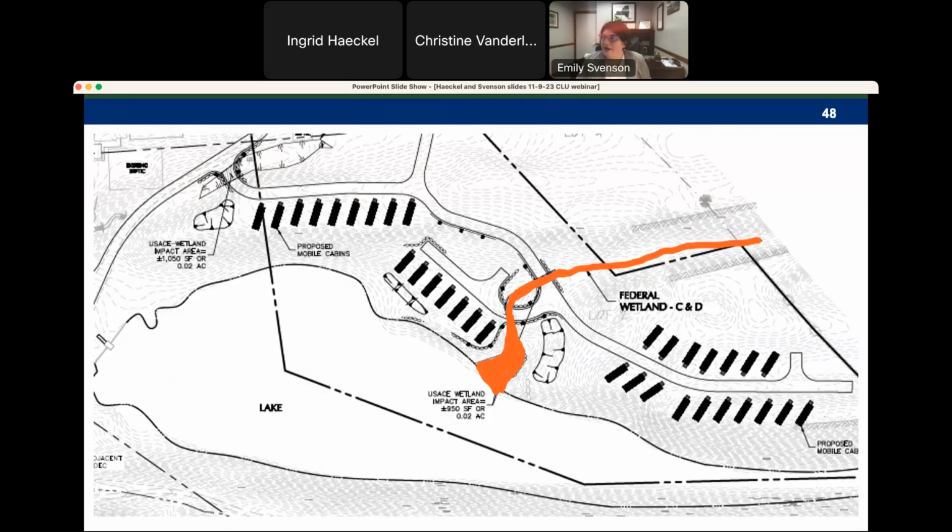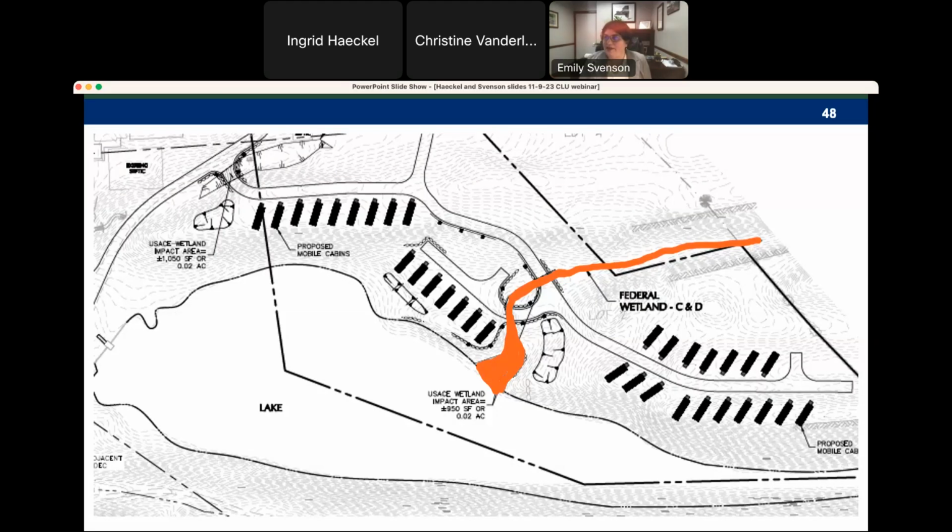So the area that's shown in orange, that was mapped by the applicant as a potential federal jurisdiction stream and wetland area. And what I wanted to show is that when an applicant is designing a site, if they see a wetland where the only regulation of it is federal, they may be aware that it's quite easy to get permitting to disturb a small amount of that wetland.